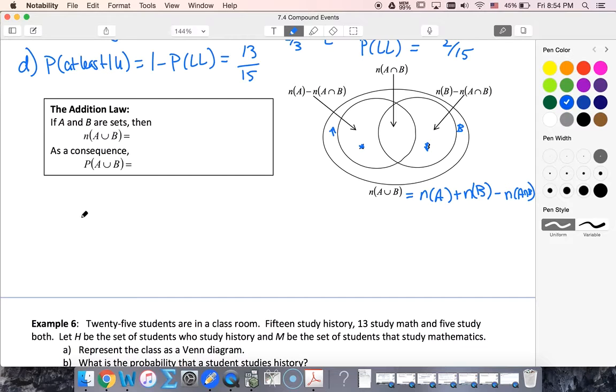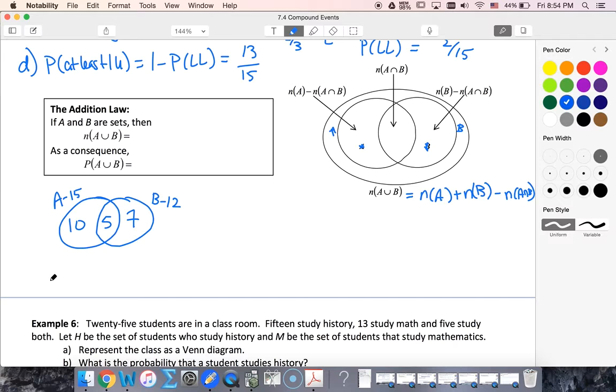So if I think about items in the circle, if I tell you that A has a total of 15 people and B has a total of 12 people, so maybe this is people who take art and people who play basketball, and let's say there's 5 people who do both. Well, I would have 10 over here who only do art and don't play basketball, 7 who play basketball and don't take art.